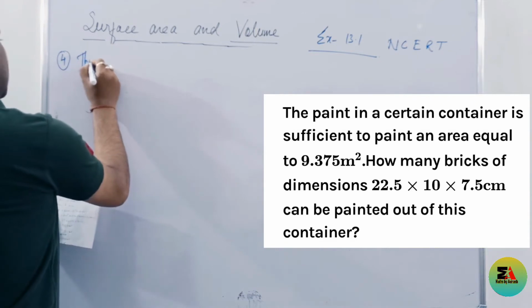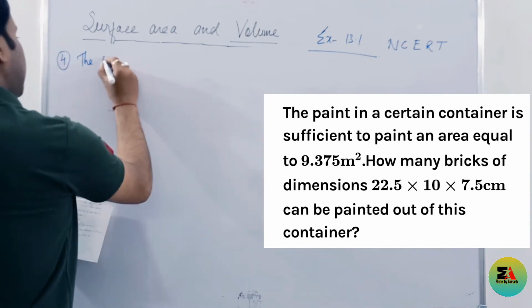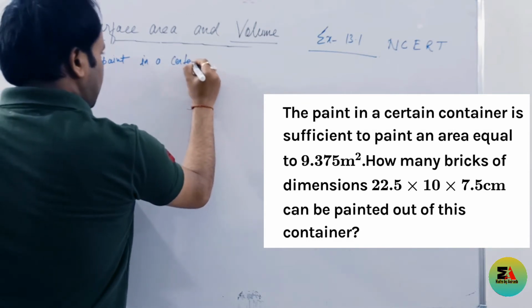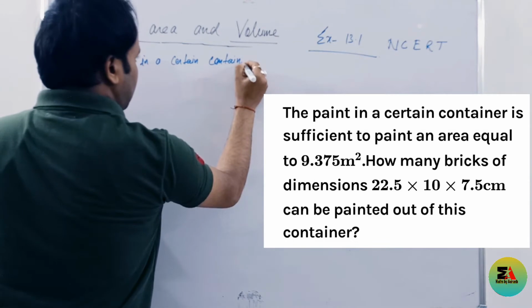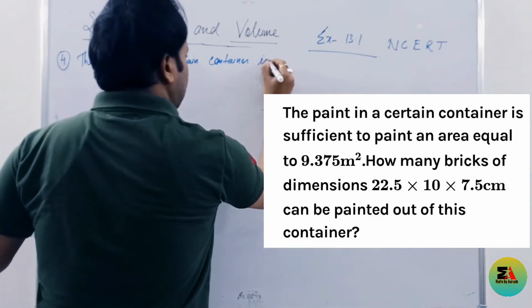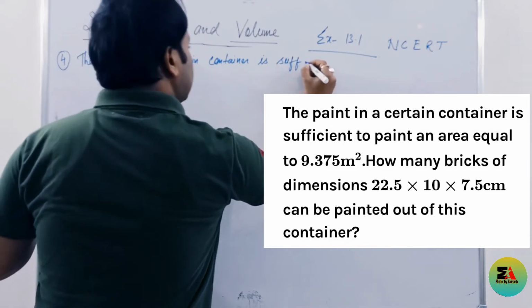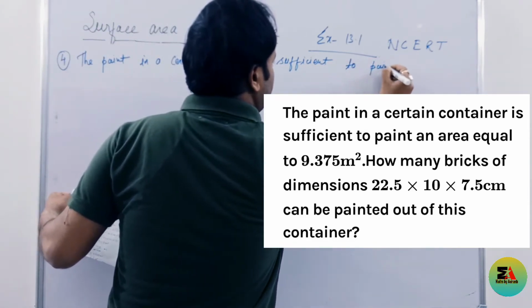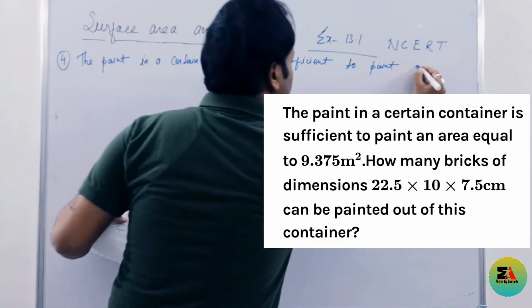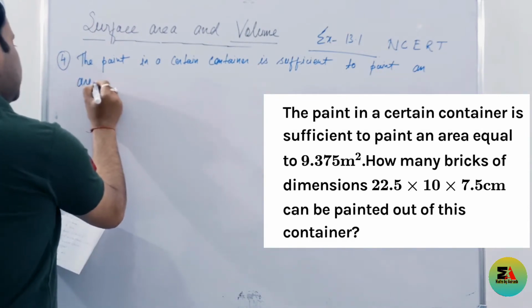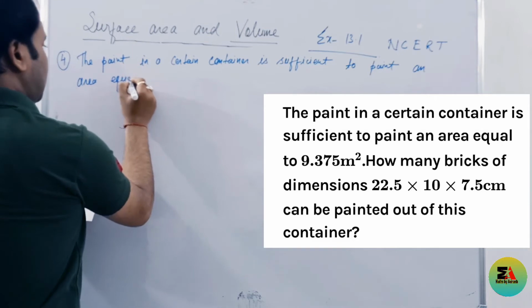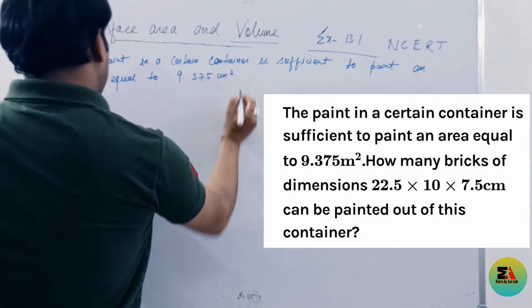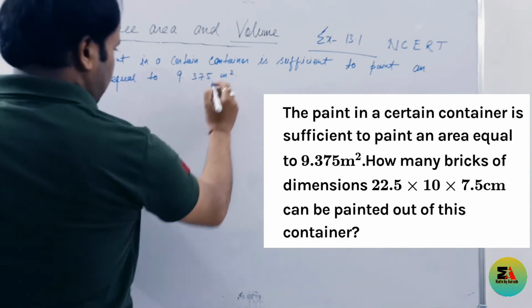The question is: the paint in a certain container is sufficient to paint an area equal to 9.375 meter square. Sorry, this is meter square, not centimeter.